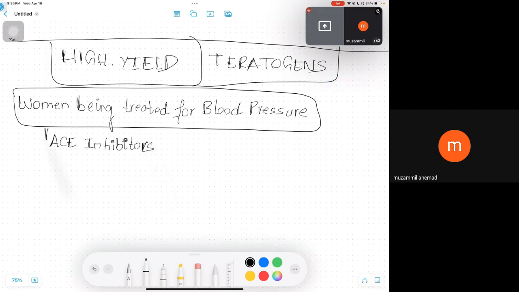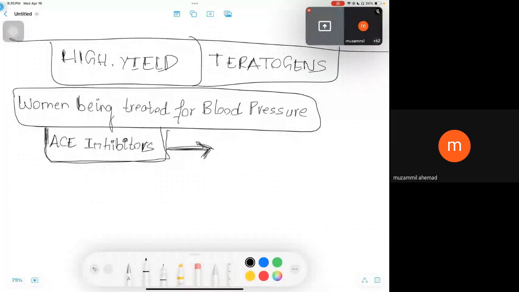Now, tell me, what is the name of the condition ACE inhibitors lead to? Oligohydramnios. Yes, exactly.